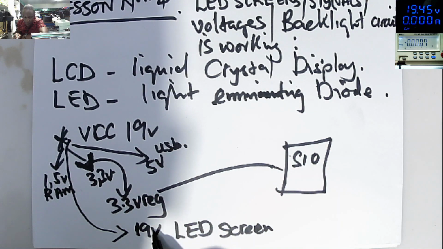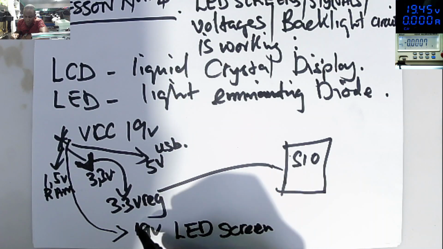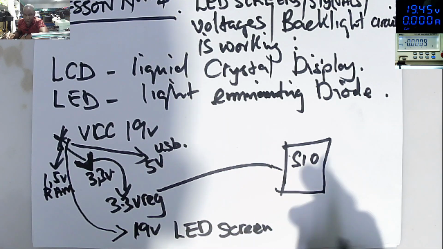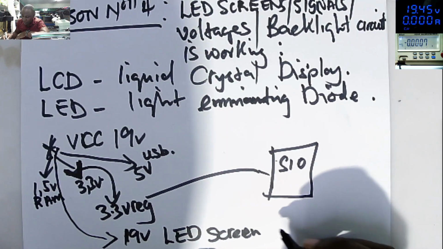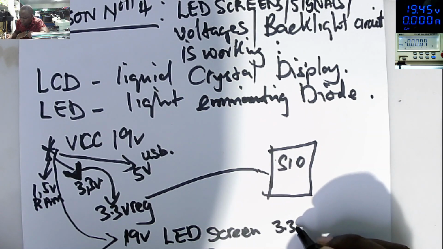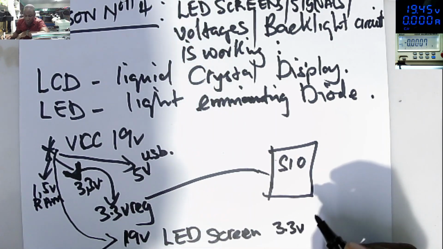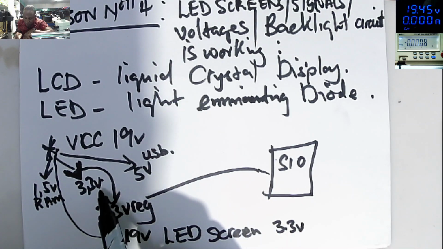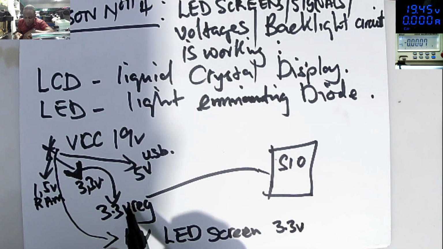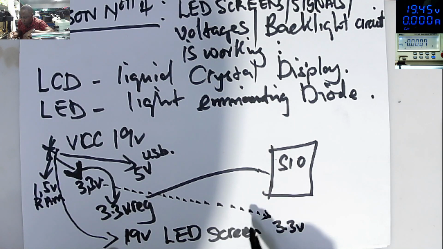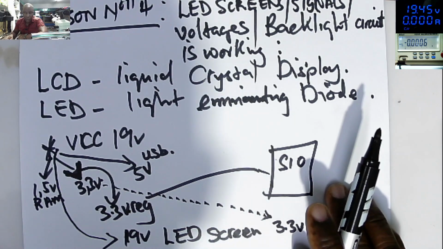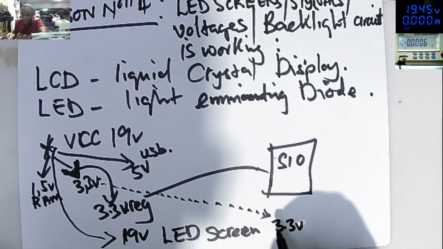Okay? That's the main reason for this 19 volts. And what other voltage do we have there? We have the 3.3 volts, which is coming from the 3.3 volts power supply, not from the VREG 3. From the 3.3 volts power supply, it is coming straight to the screen.